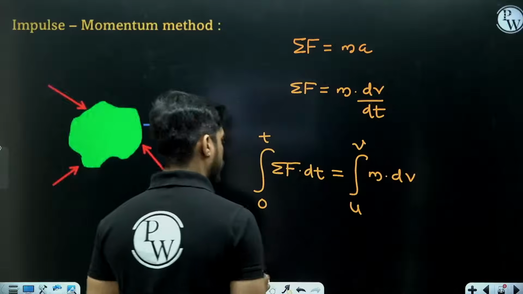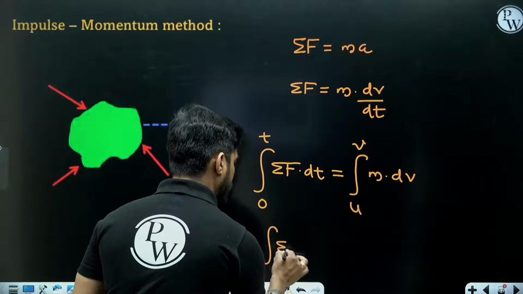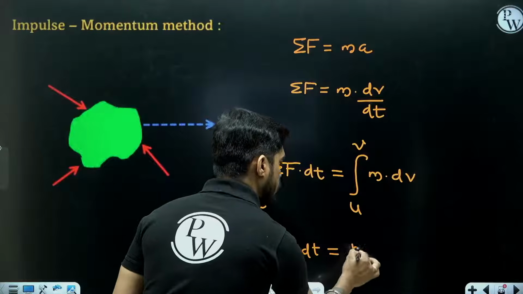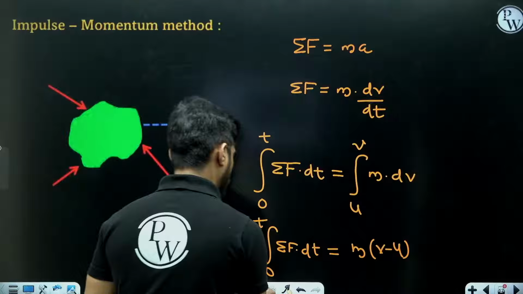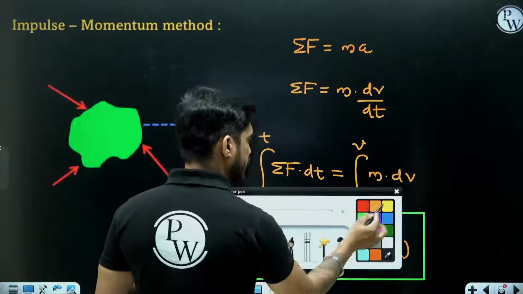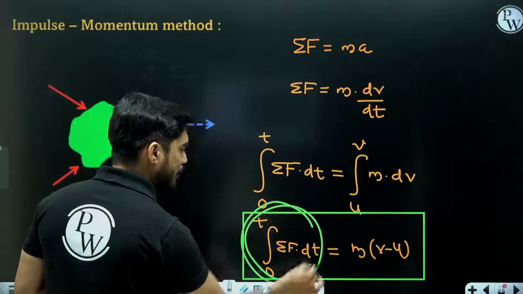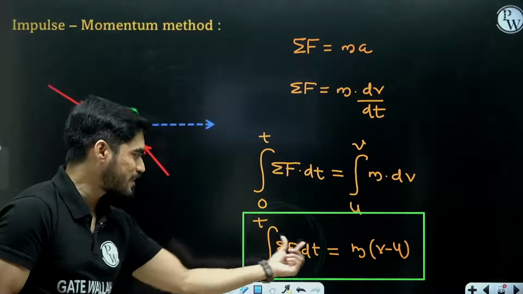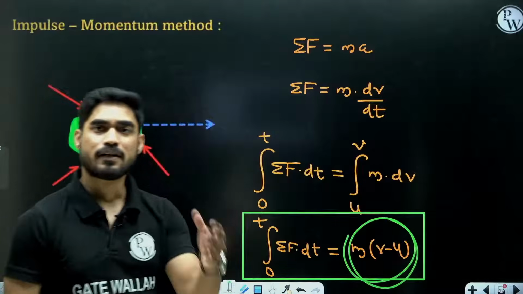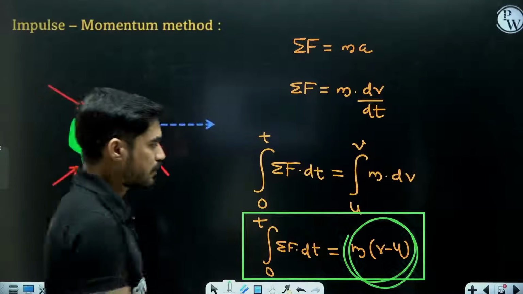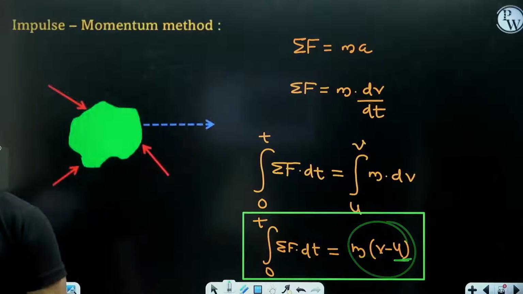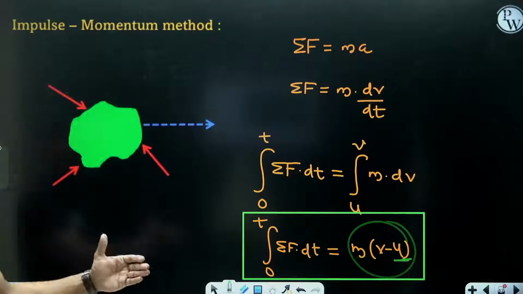So you will get this equation: summation of F into dt from 0 to t equals m(v minus u). Now what is this? This is known as the impulse, the product of force and time. And what is this? Mass into velocity. This is momentum. mv minus mu is the change in momentum. So according to this relation, the impulse is equal to change in momentum.